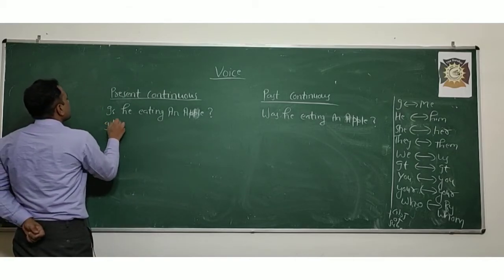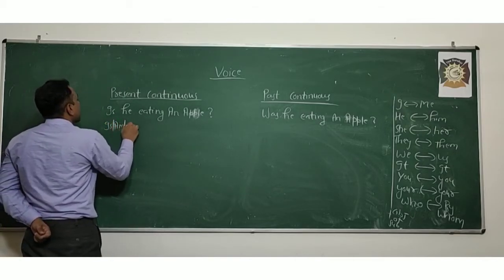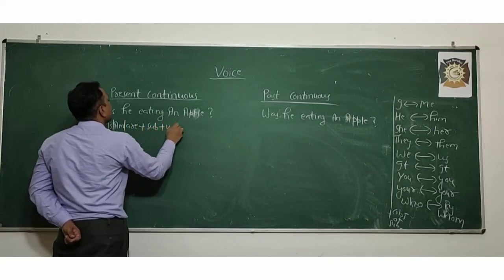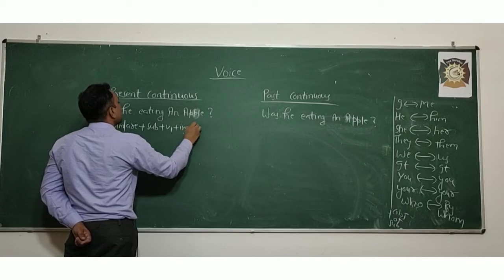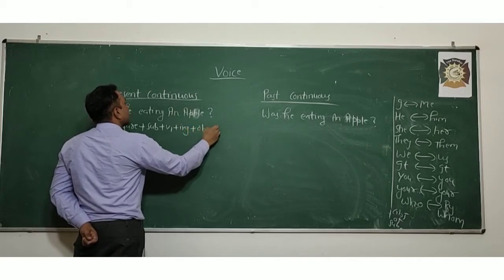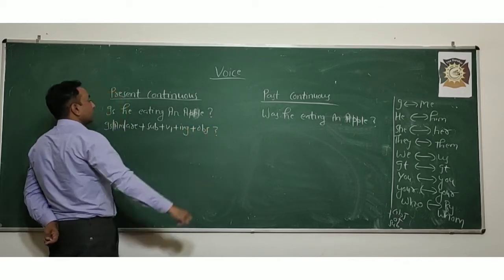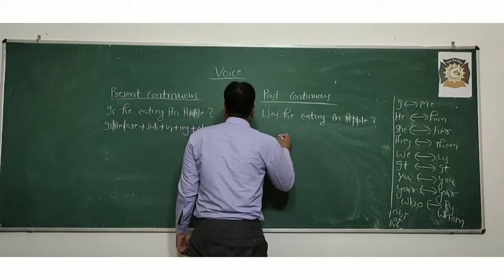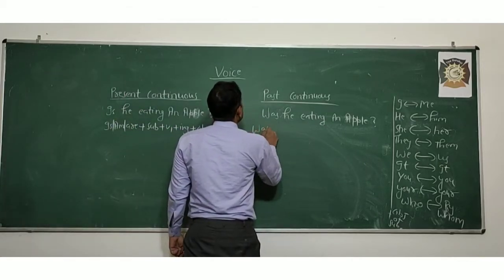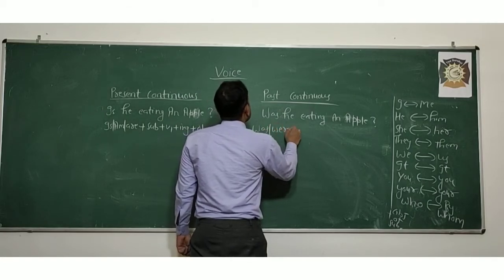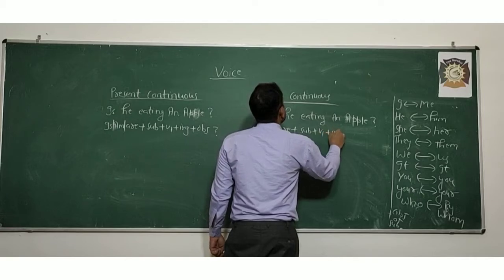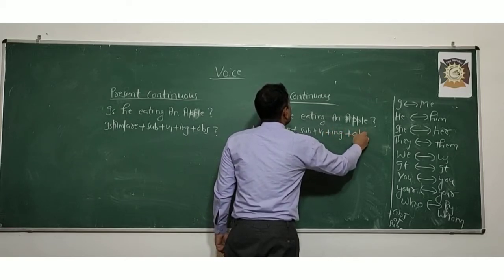Like is, am, are plus subject plus V1 plus ing plus object and question mark. This is in active voice for interrogative sentences. And again, was, were plus subject plus V1 plus ing plus object.